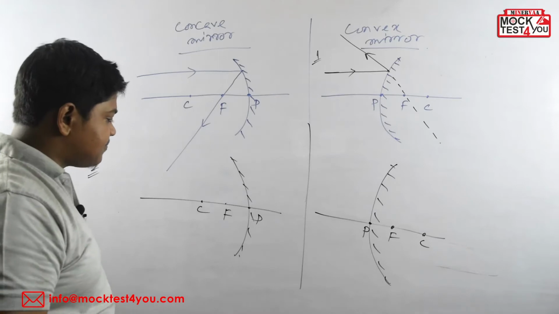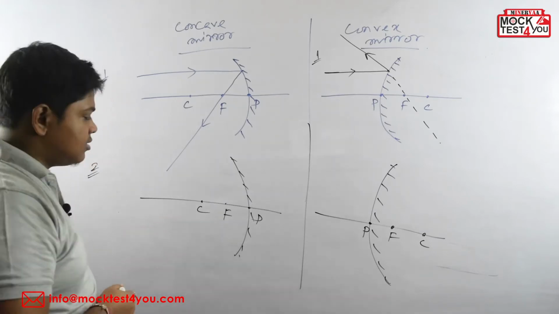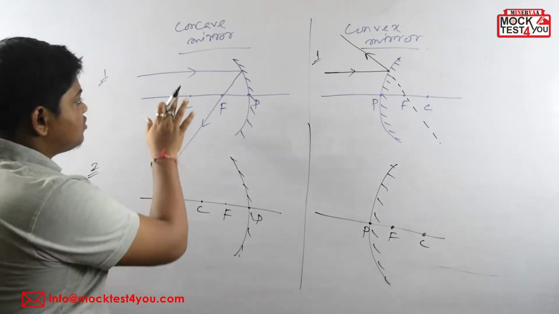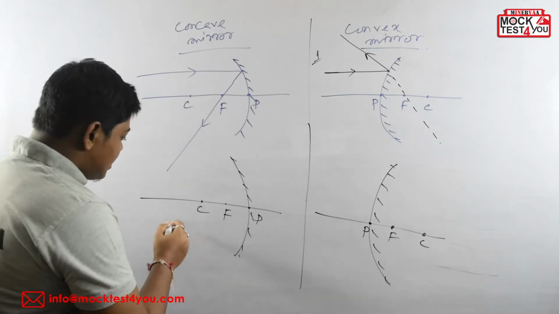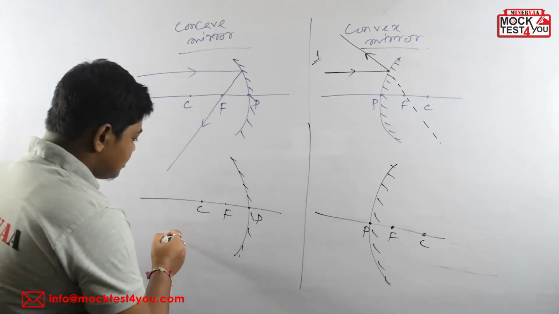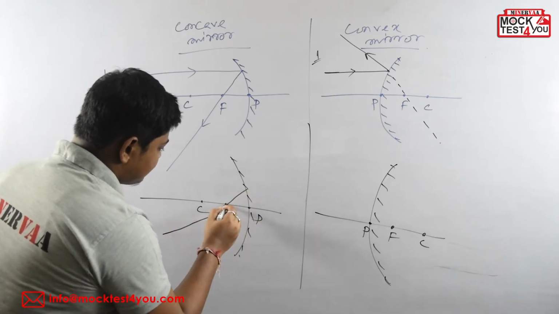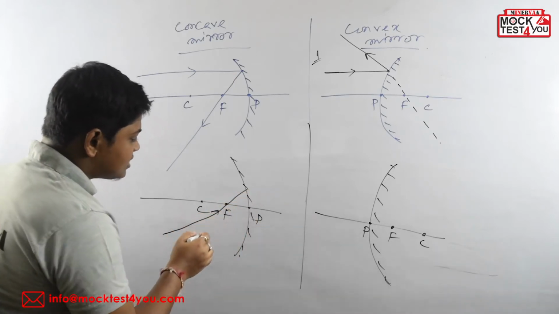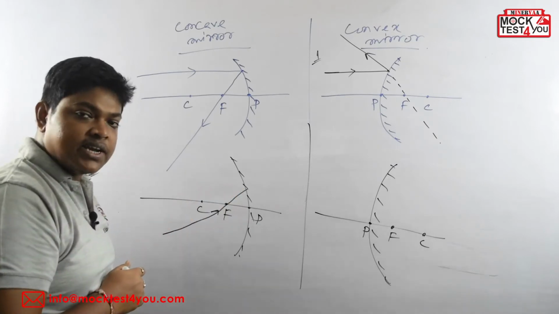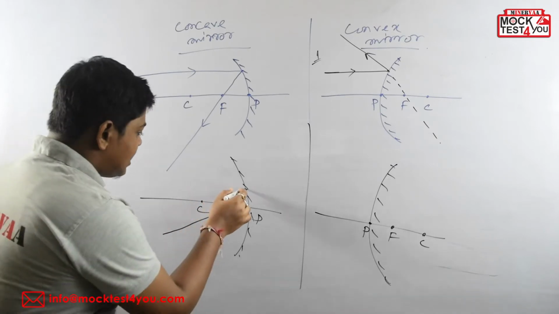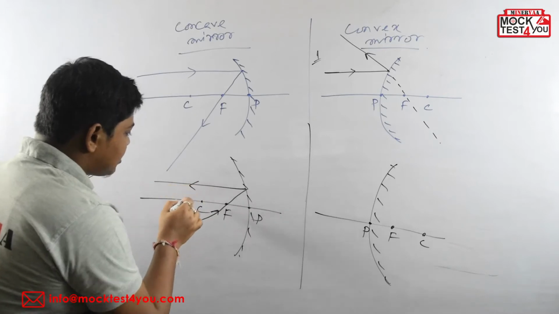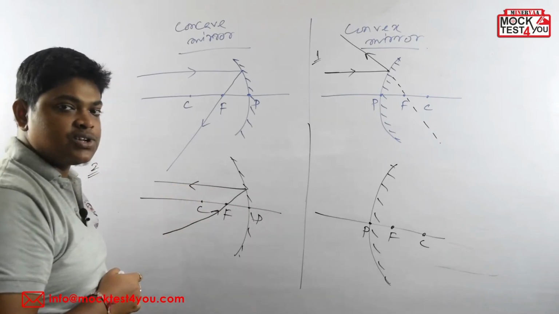So in that case, the second rule is the reverse of the first. That means if the light rays are coming through the focus and are incident on the reflecting surface of the concave mirror, they will be parallel to the principal axis after the reflection.